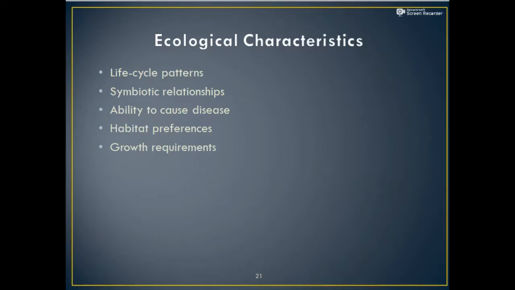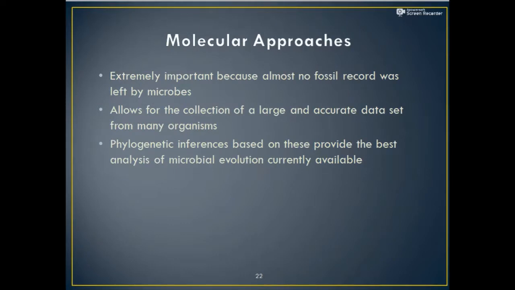Now, after that, we have the molecular approaches or the genetic approaches. Molecular approaches play a very important role in identifying bacteria because right now many of the microbes don't even give a fossil record, because they're too tiny to leave a fossil record.